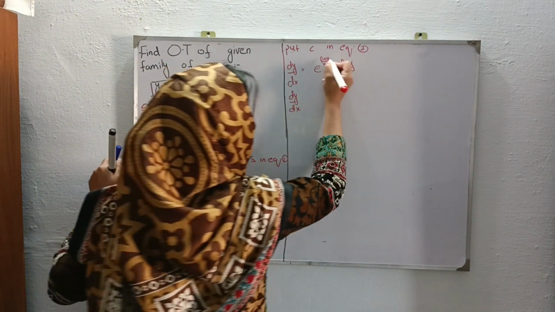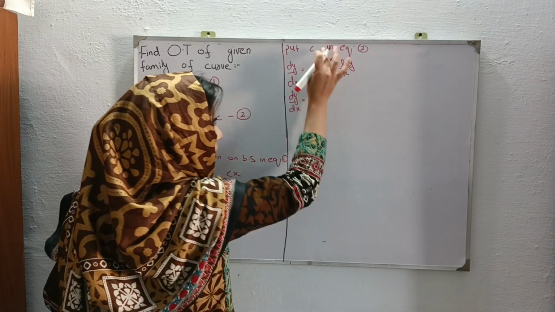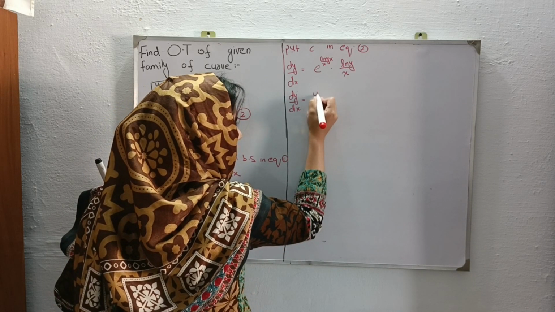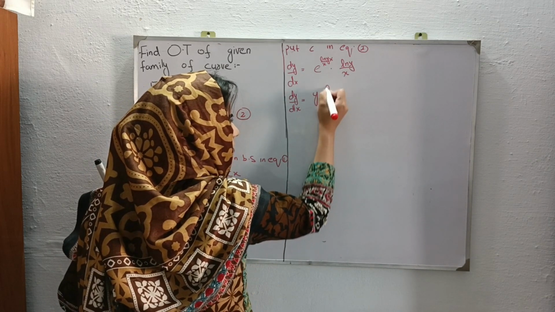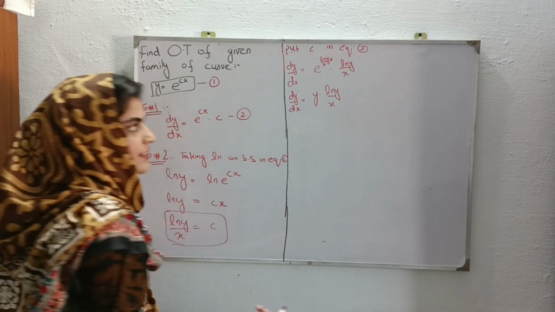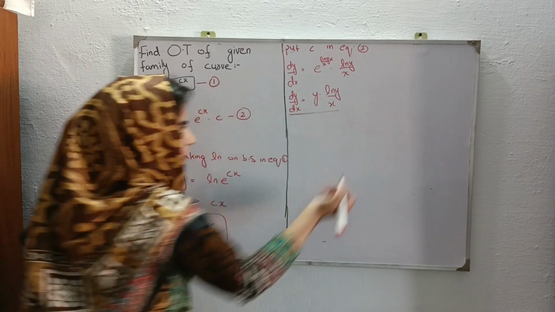I forgot to put x here. After solving this whole thing, you will get just y, and ln of y over x. So this is where your steps end.